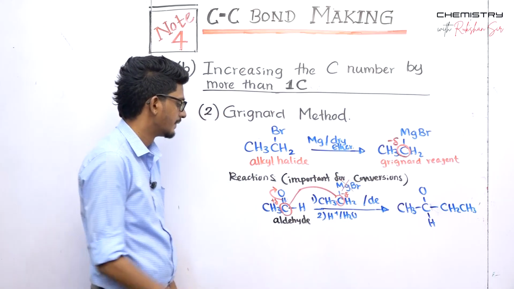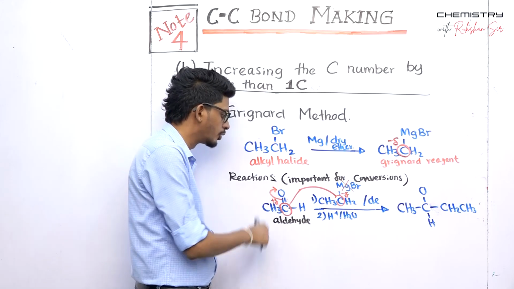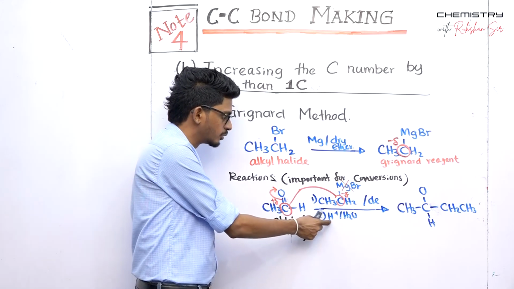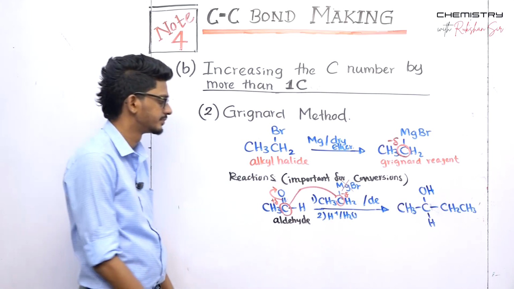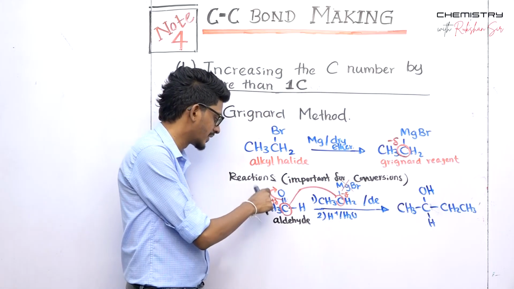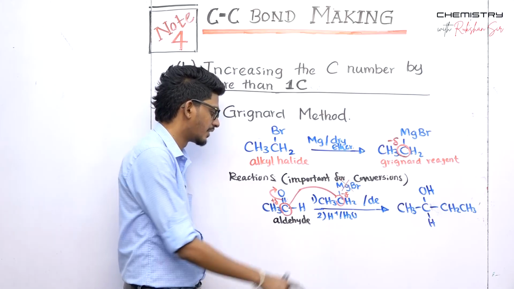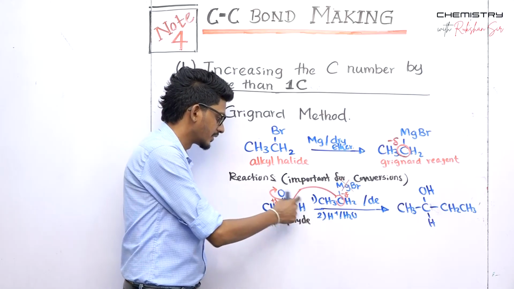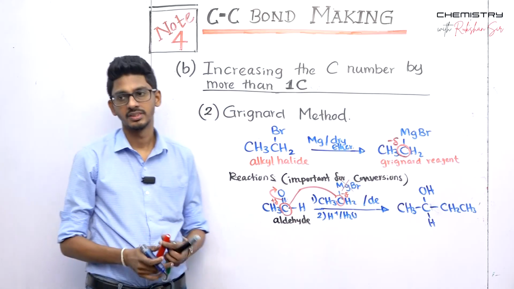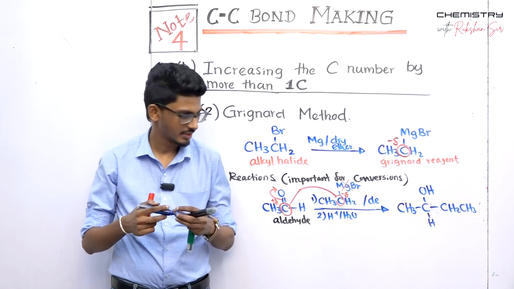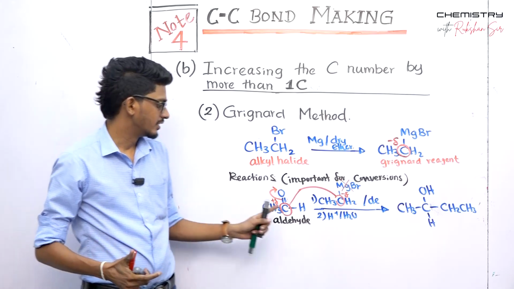This becomes O minus, and after adding the H plus H2O, that guy will become OH. That is the product. That is how Grignard reacts with the aldehydes.